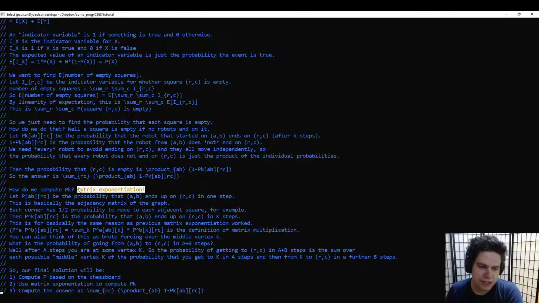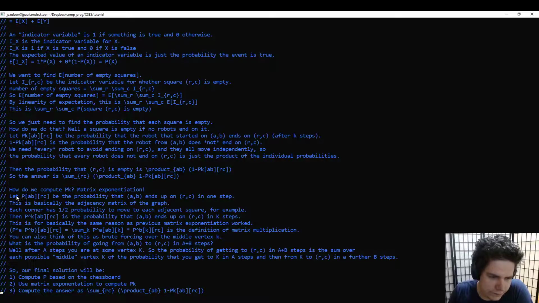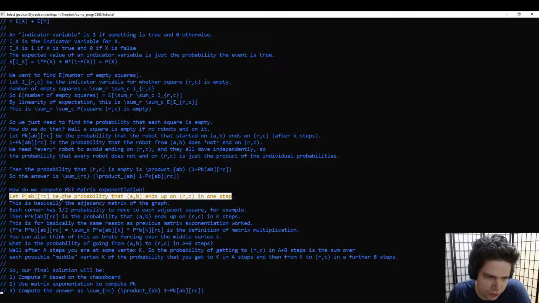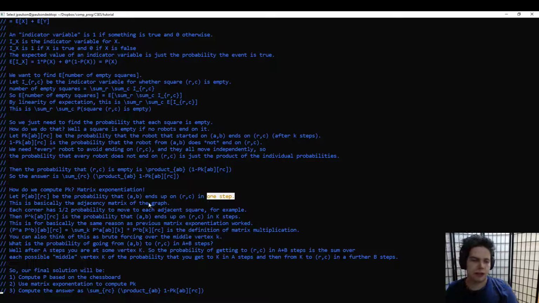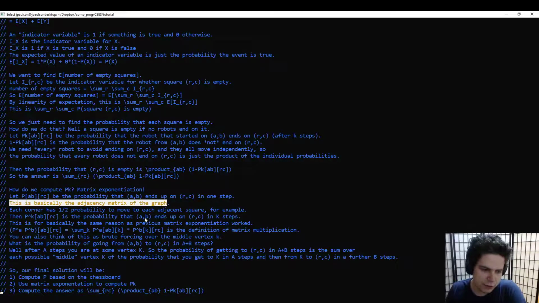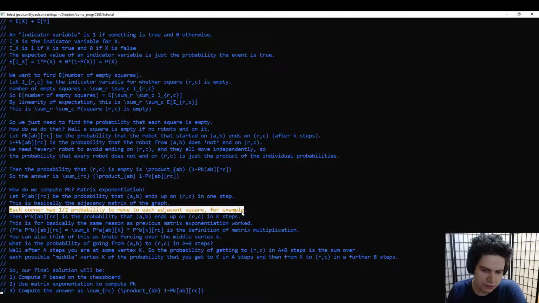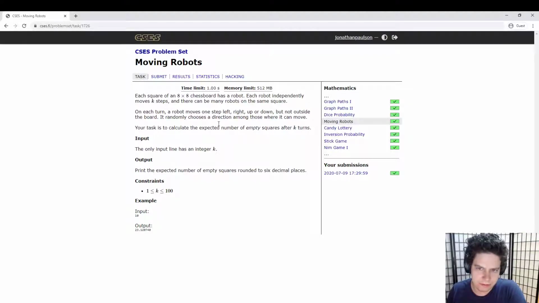Matrix exponentiation, actually. This is very similar to the graph adjacency matrix stuff that we've been looking at. So let's see what it looks like here. Let P of AB RC, so P instead of PK, be the probability that we go from AB to RC in one step. This is actually very easy to compute, just based on the chessboard, right?